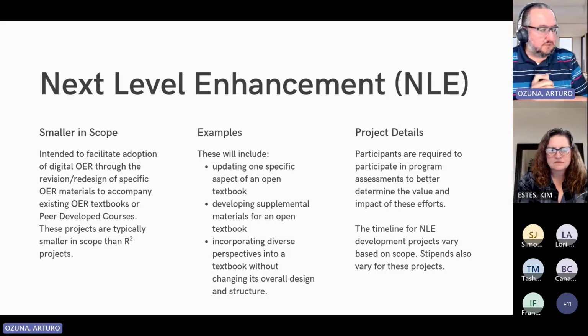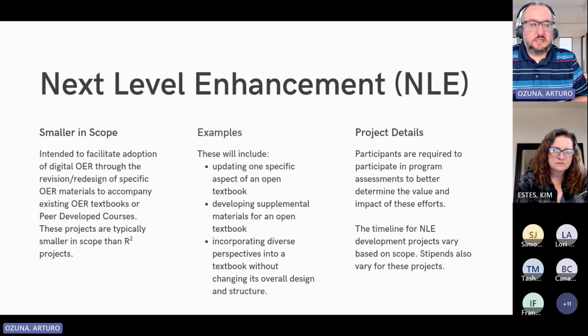Some examples of this could be updating a specific aspect of an open textbook that's already there, or creating supplemental materials for a textbook that's really needed, or incorporating more diverse perspectives, for example, into an existing textbook that's out there. The timeline for these varies, and the scope also will vary.